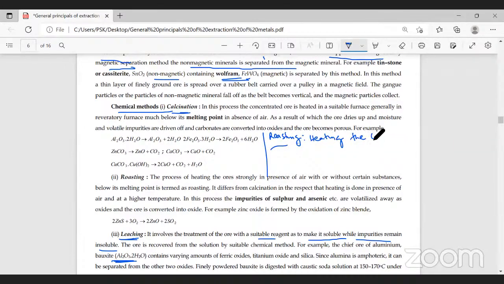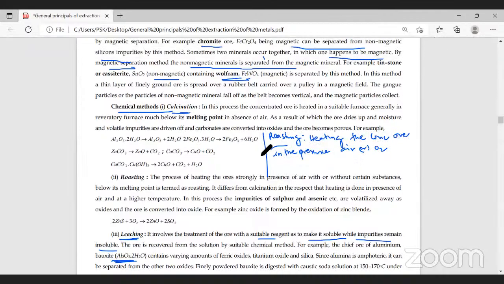Heating the concentrated ore in the presence of air or oxygen is called roasting. So roasting is generally applicable for sulfide ores.